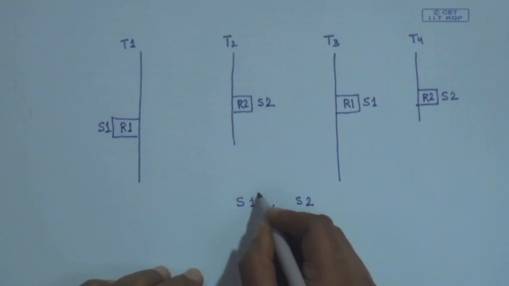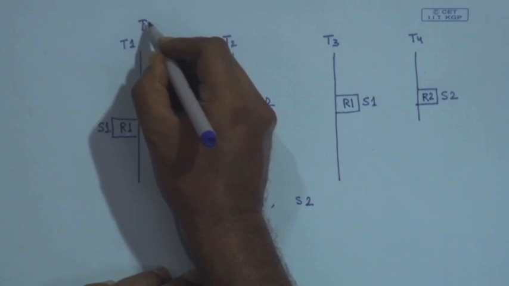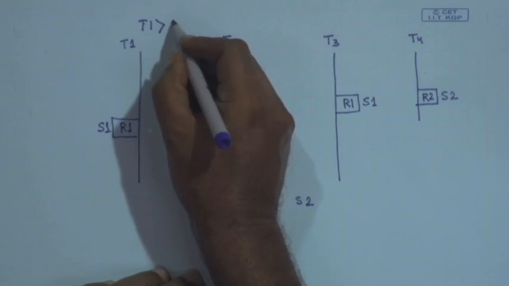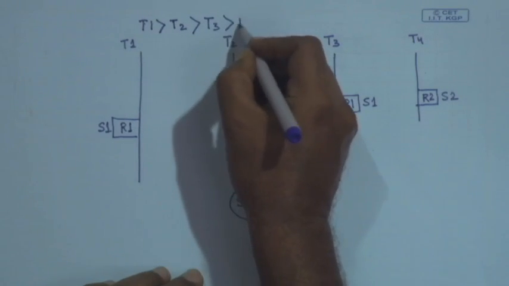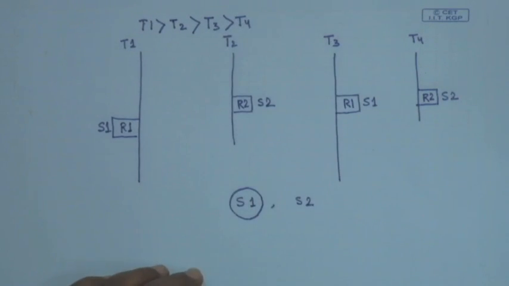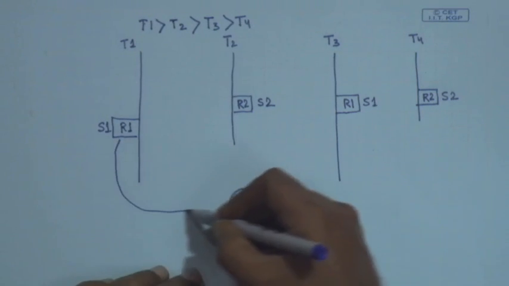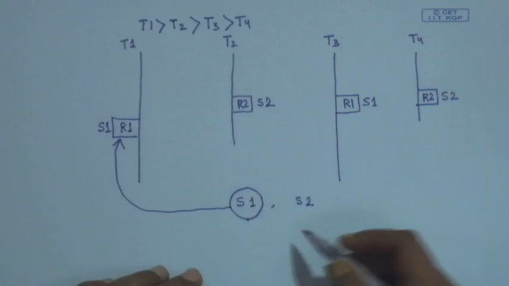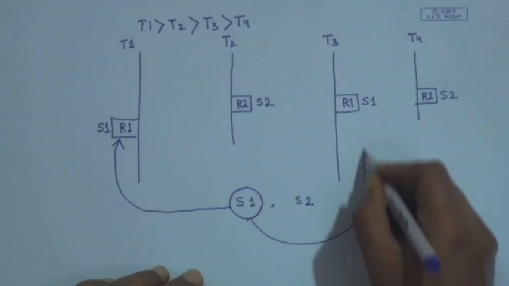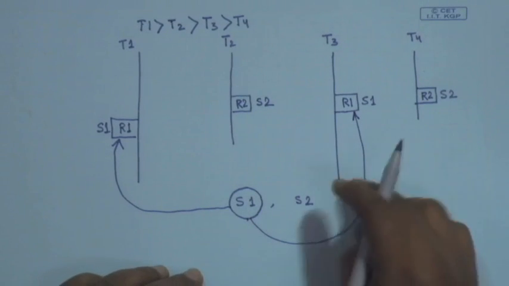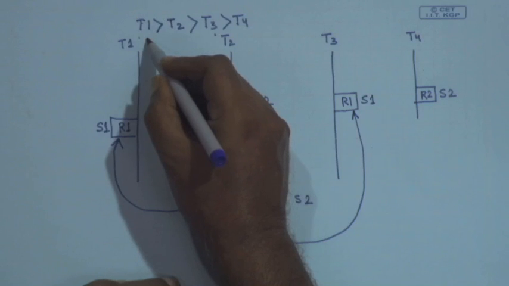So, what will be the priority of S1? Now, suppose out of all these tasks, T1 has higher priority than T2, and T2 has higher priority than T3, and T3 has higher priority than T4. Now, semaphore S1 can be held by task T1 and task T3. So, out of T1 and T3, T1 has the higher priority.